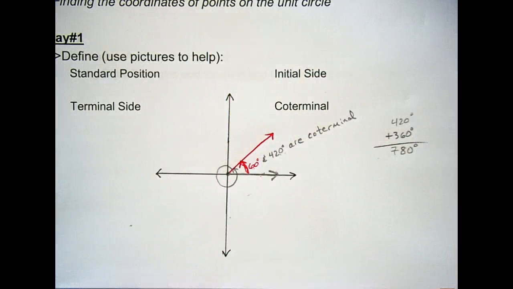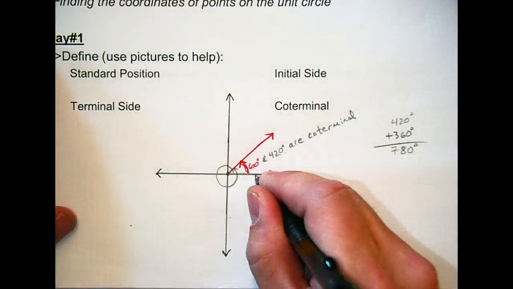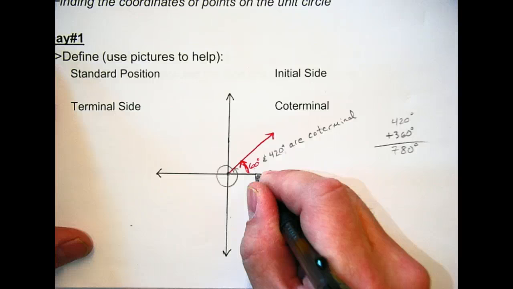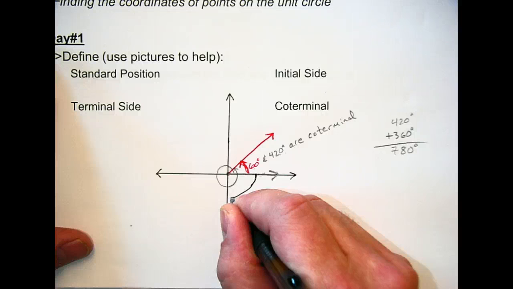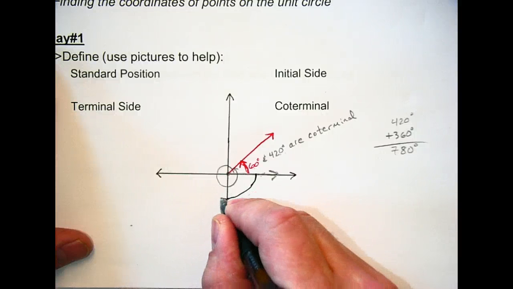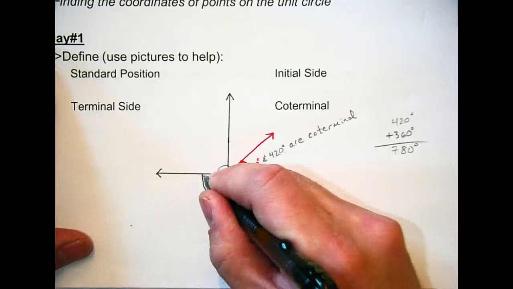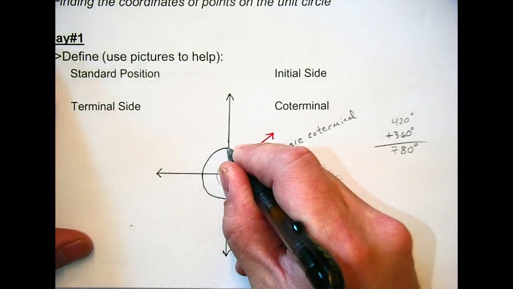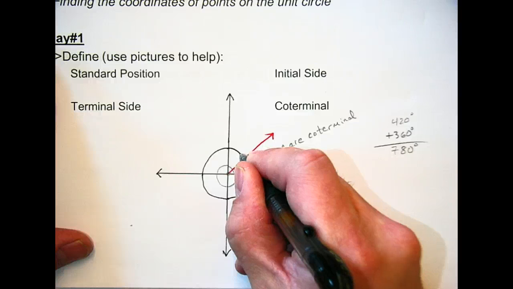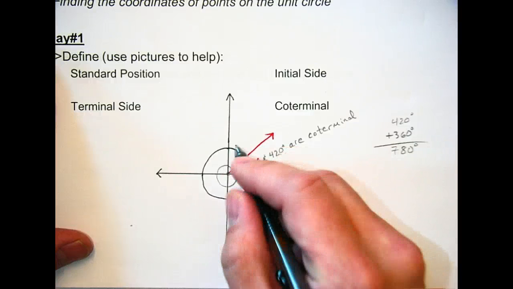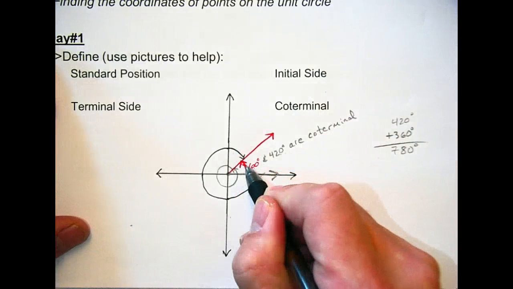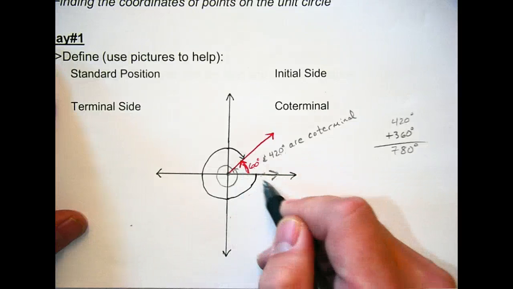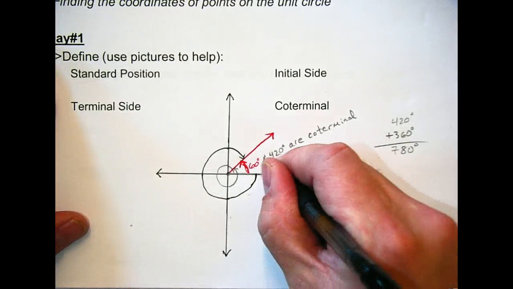What if I wanted a negative coterminal? You'd have to go this way. It'd be negative 300. So we start at the initial side and we move this way. How far are we? Negative 90, negative 180, negative 270, and how many more? Negative 300. That's 30 more degrees, even though it doesn't look like 30. Bad picture on my part, but 30 degrees, because 60 and 30 is 90. So 270 plus 30 is negative 300.